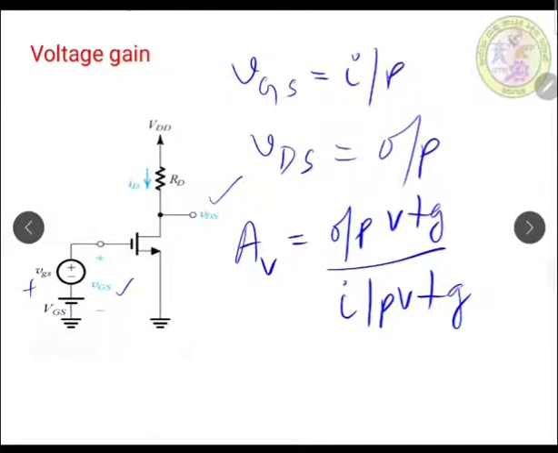Obviously, here vDS is the output and vGS is the input. Now we need to derive how the voltage gain Av of this amplifier circuit can be expressed in terms of the circuit components, and whether it is possible to include the transconductance factor also. So let us derive an expression for the voltage gain Av of this circuit diagram.